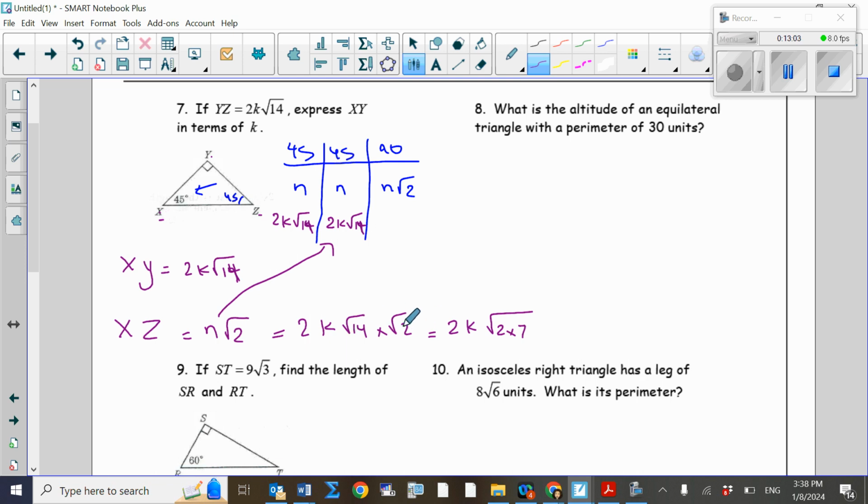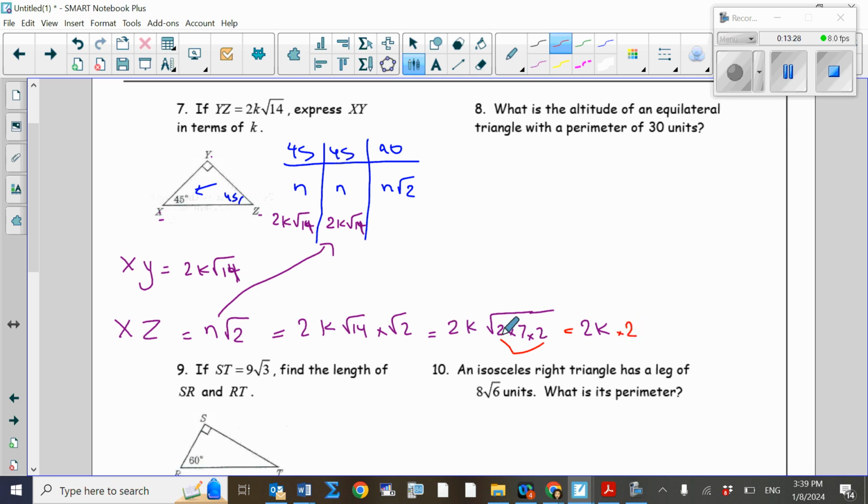So I can rewrite that under the same radical. Now, as you see, we have a pair here. These two numbers are the same. So I can move them to the outside of the radical as another 2. So the 2k that we already had, I'm going to write them here. And I'm going to write another 2 here.